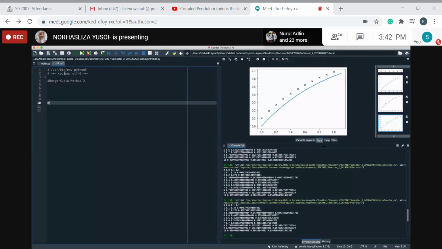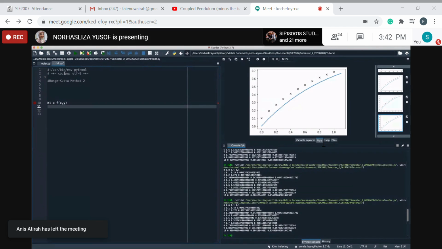So RK should have K1, right? K1 is given by your function f(x, y). They should have K2. So K2 is given by your function f(x plus h, y_i plus h times f(x, y)), right?